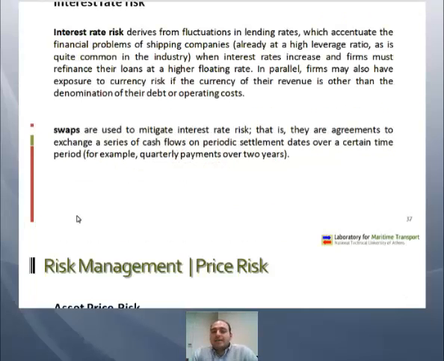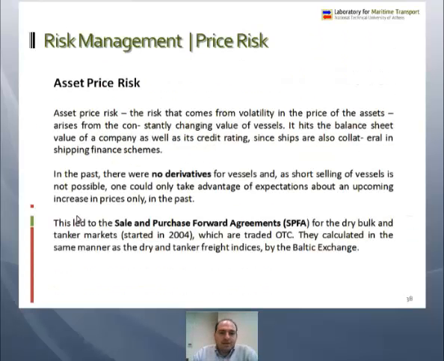We also have this asset price risk. Asset price risk is the risk that comes from the volatility in the price of the assets, which arises from the constantly changing value of vessels. And this hits the balance sheet value of a company as well as its credit rating.